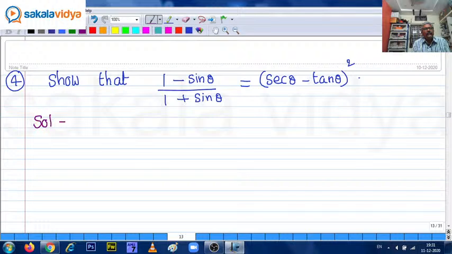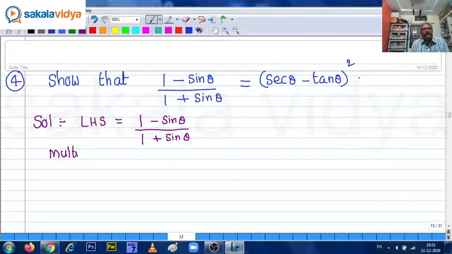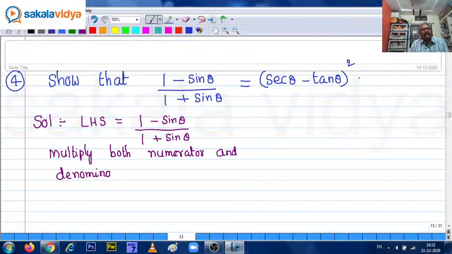Solution. So left hand side, 1 minus sin theta upon 1 plus sin theta. Multiply both numerator and denominator with 1 minus sin theta.